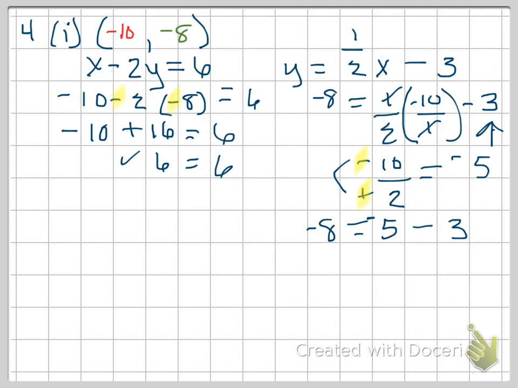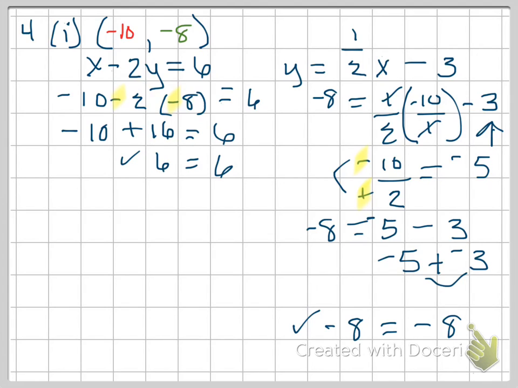So negative 5 minus 3 is really, you can't do it this way, it's easier to do negative 5 plus a negative 3, which gives us a negative 8. And we have a negative 8 on this side of the equation.